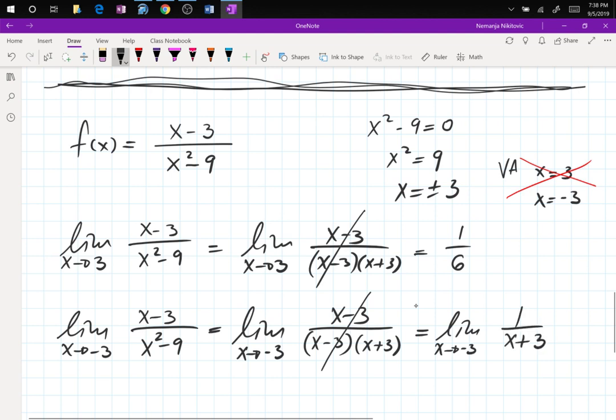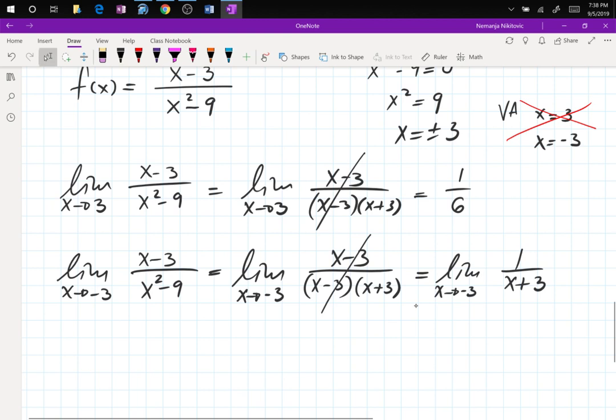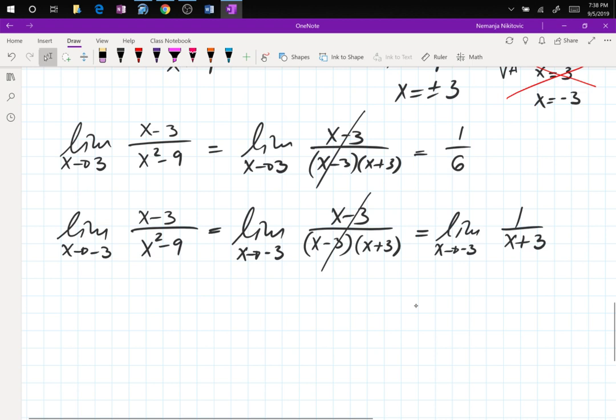You have 1 over x plus 3, and when you plug in -3, you get 1 over 0. Now that's a problem, right? But the good thing is that this is the cheap one to graph, so we can use a different method. Algebra failed us, right? Because we couldn't do anything with this. So now we are going to graph it because we can.